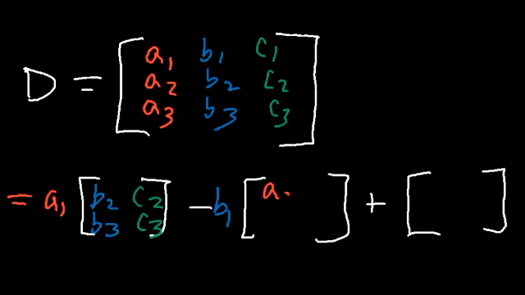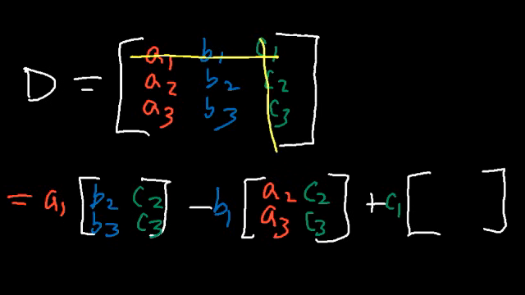Now for the last matrix, we need to get rid of c1. So eliminate the row and the column associated with c1. So it's going to be what's left over, a2, a3, b2, b3.